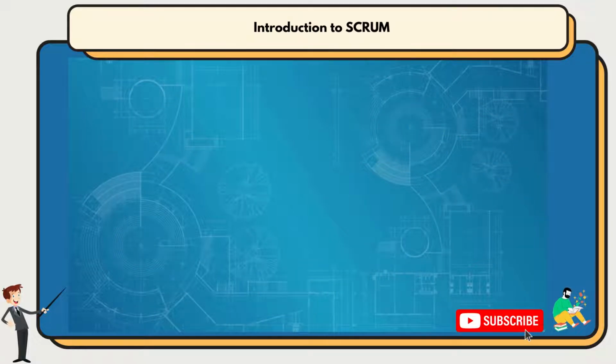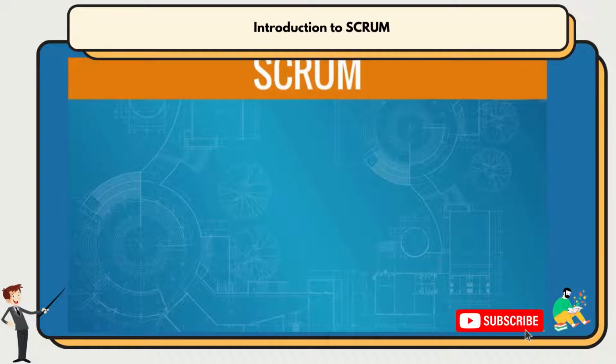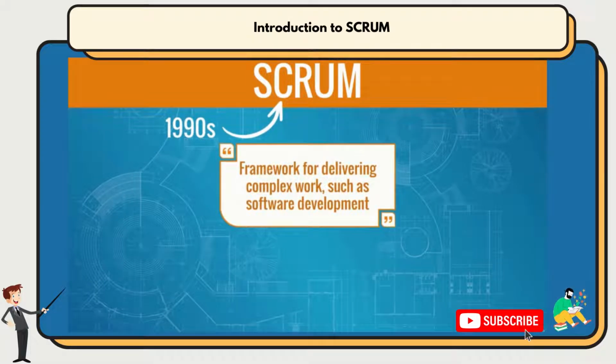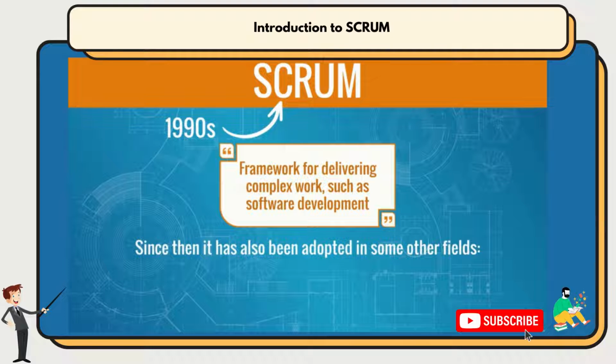Having said that, now is the right moment for us to introduce one of the most widely adopted methodologies, designed for such environments and types of projects. Scrum. Scrum emerged during the 1990s as a framework for delivering complex work, such as software development. The methodology, however, has evolved also outside the software domain and has been successfully adopted in other fields.